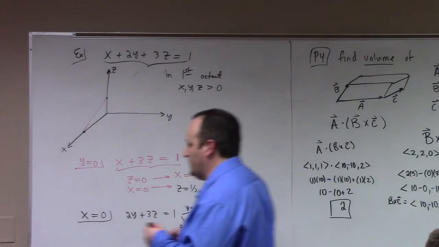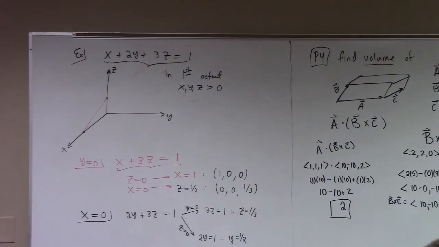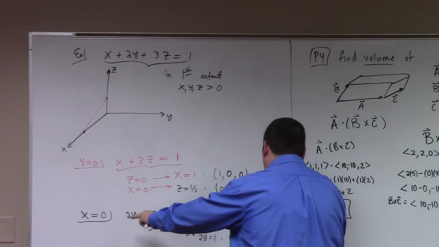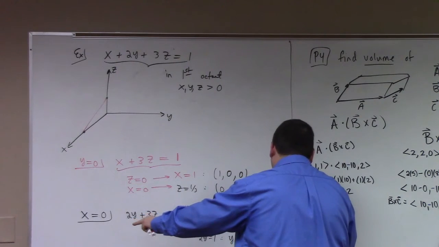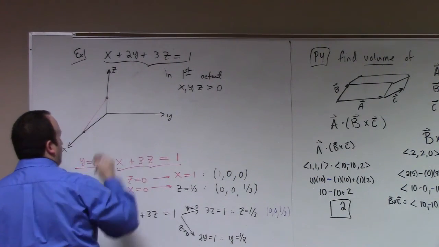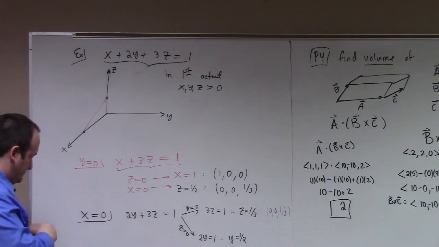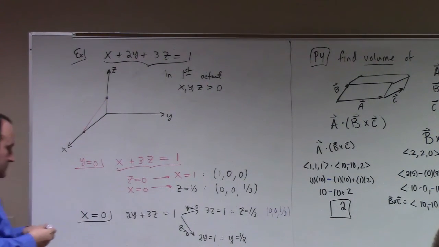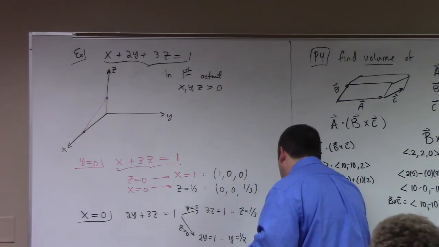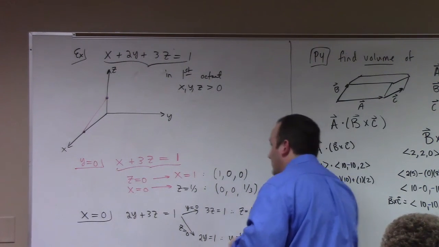Of course, one of these points we already know, right? The point on the z-axis, I just found it again. We got 0, 0, 1/3, which is this point up here. I already know it. And what's the other point? Yeah, 0, 1/2, 0.